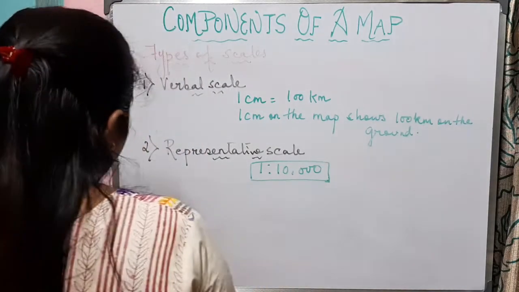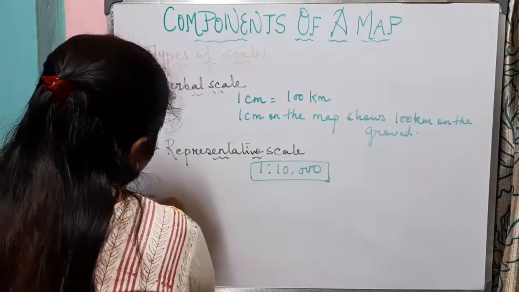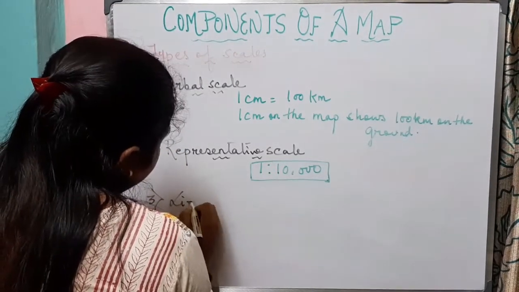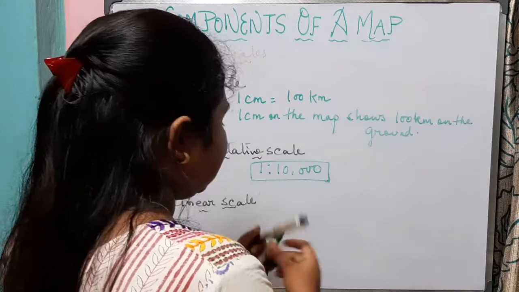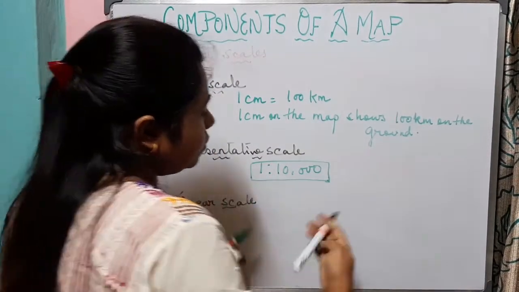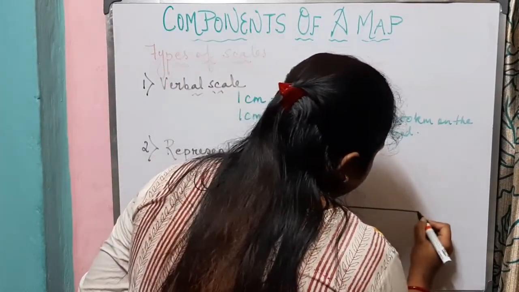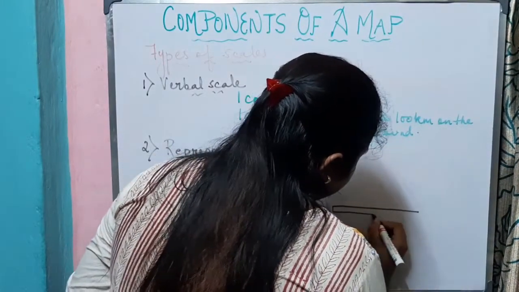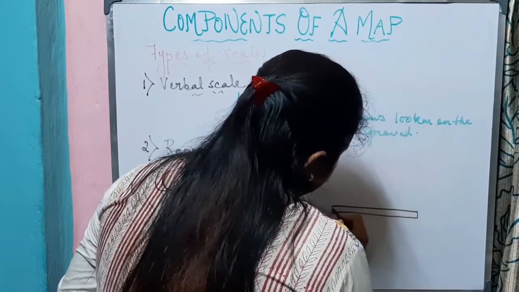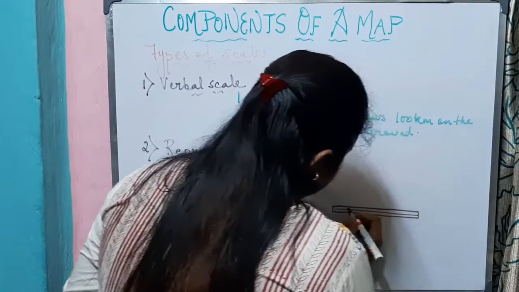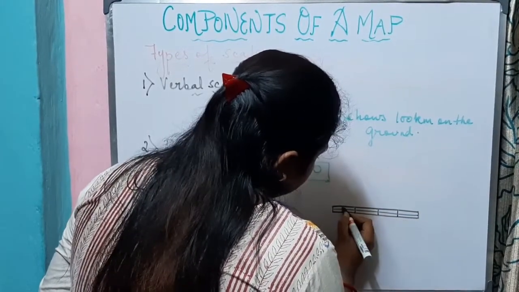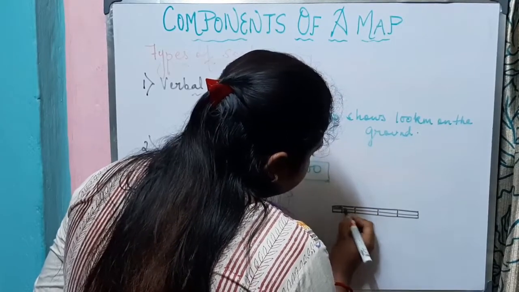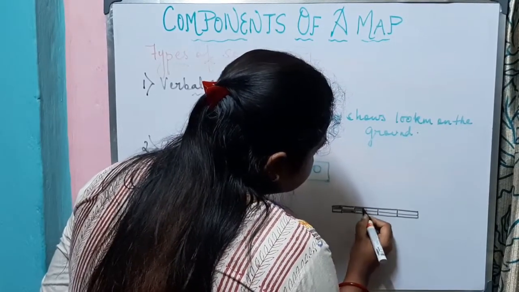We can also have a linear scale, which you can notice in many maps. What is a linear scale? This is referred to as a linear scale.